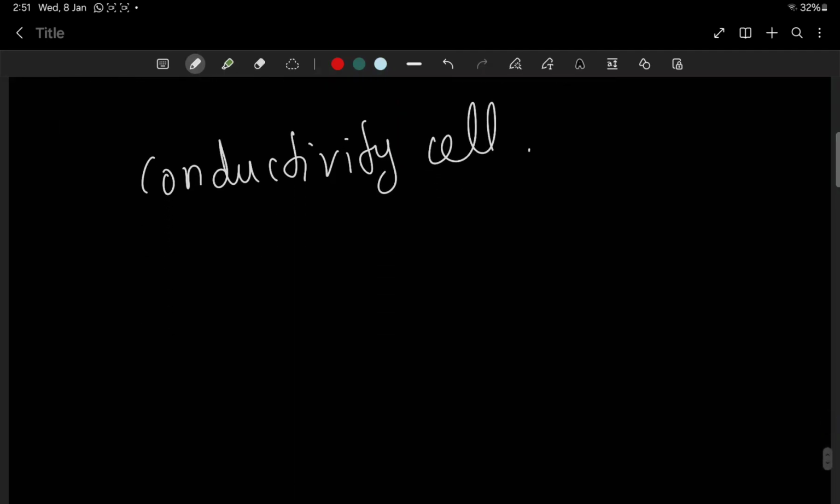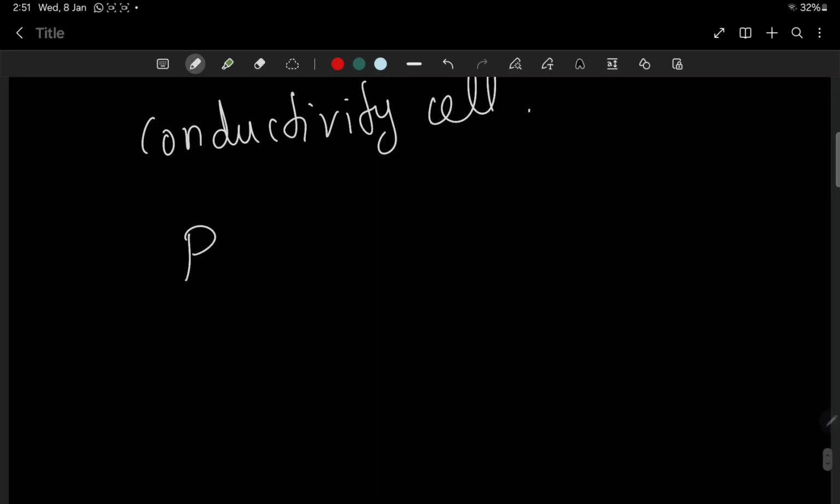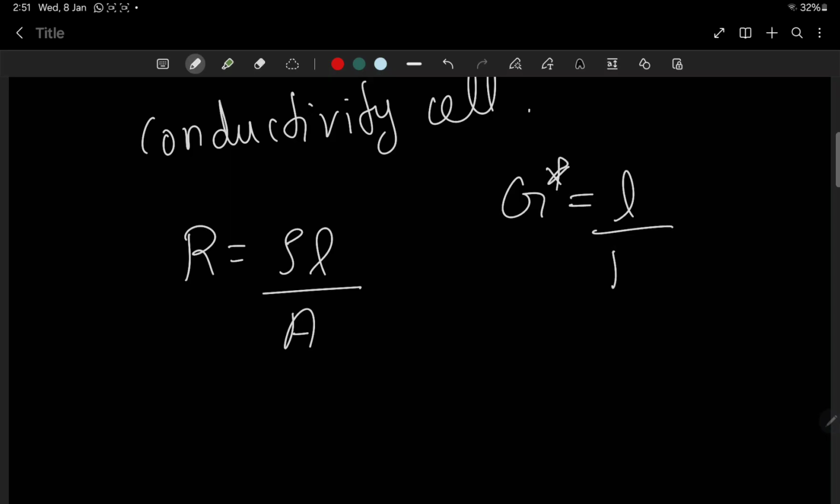So using this conductivity cell, we can find the resistance, that is rho L by A. There is a specific length for the conductivity column, area for the conductivity plate, and rho. From this we have to find the resistance. You know that for a conductivity cell, L by A is a constant, because length doesn't change, and area of the plate also doesn't change.